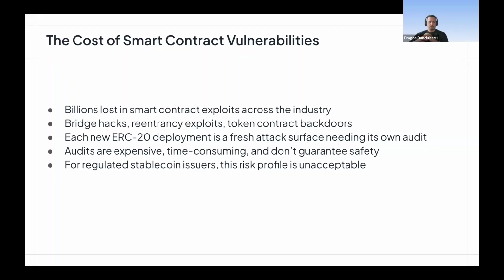These are battle-tested teams. These are big companies, because you can't protect every vulnerability in a smart contract. This leads to the fact that every custom smart contract is a fresh new attack surface. The goal of protocol level tokens is to eliminate this by moving the entire logic to the protocol layer.